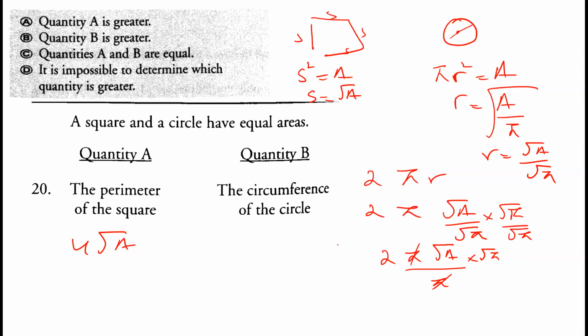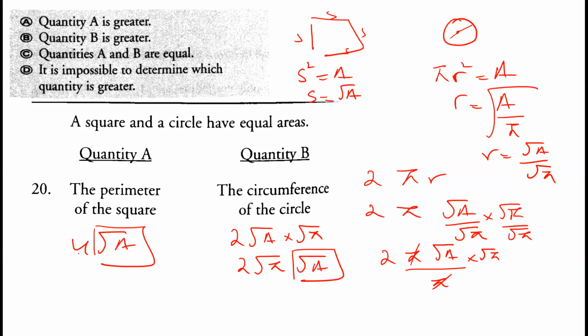So pi and pi cancel out and we get the circumference of the circle as 2 under root pi into under root A. Now one thing is common, under root A, and over here there is also under root A. So 4 is 2 multiplied by 2 under root A, or we can write 2 under root 4 multiplied by under root A. And this is 2 under root 3.142 multiplied by under root A.